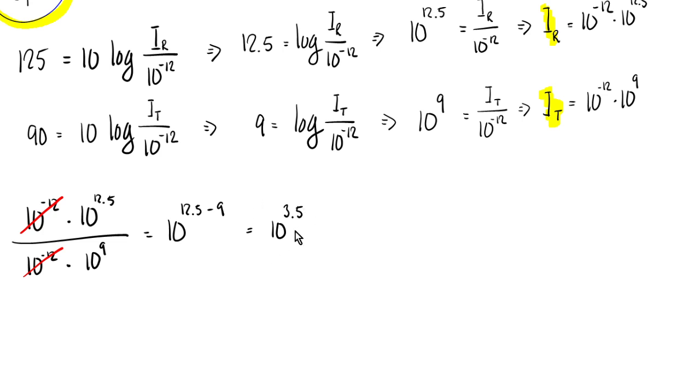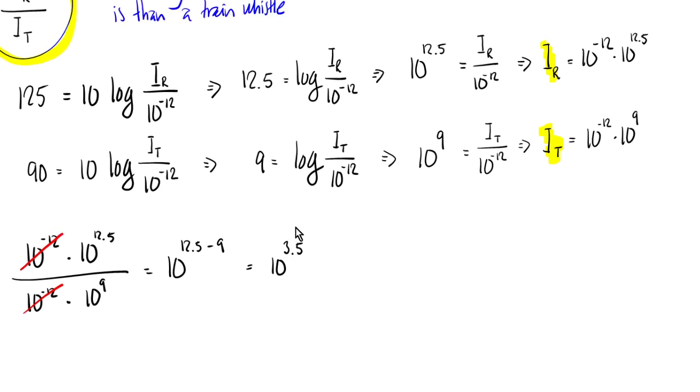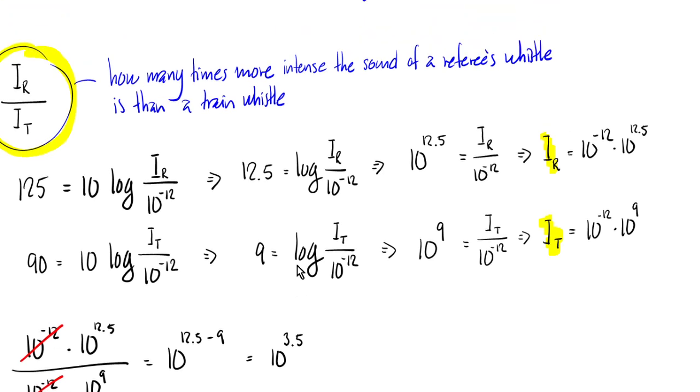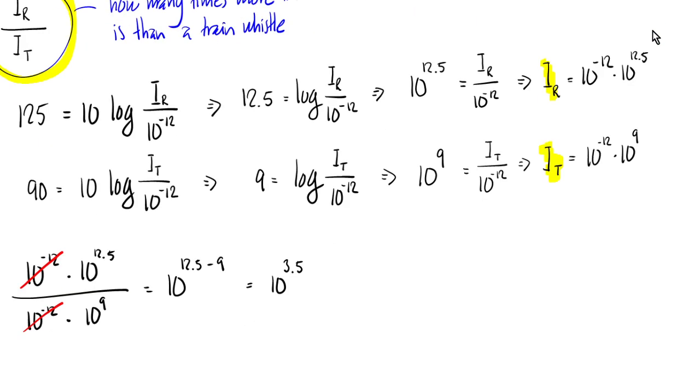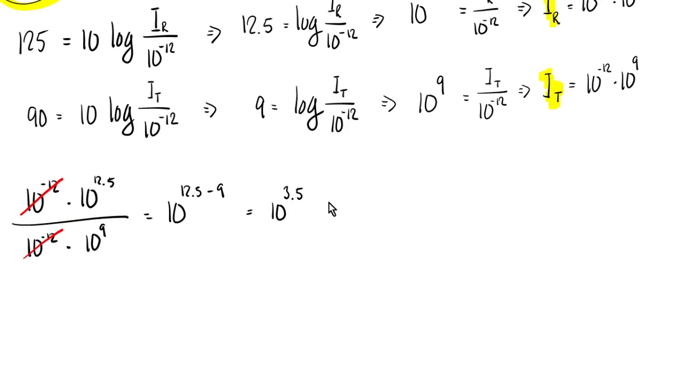So that's the answer. This tells us that the referee's whistle is 10 to the power of 3.5 times more intense than the sound from the train whistle. Now they want the answer in decimal form, I believe. Yeah, they want the answer to the nearest whole number. So we can just evaluate this on our calculator, and if we do that, we're going to get 3,162.